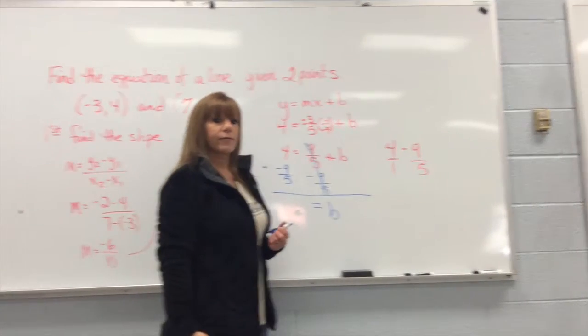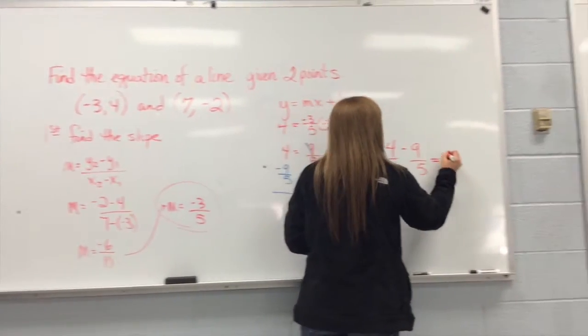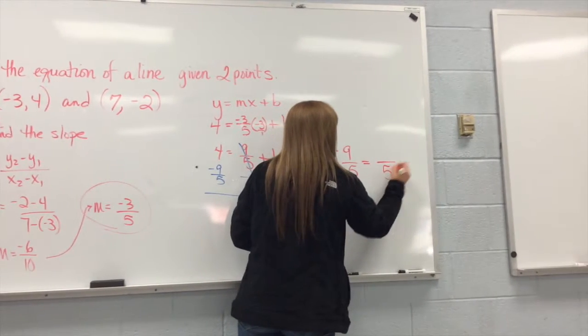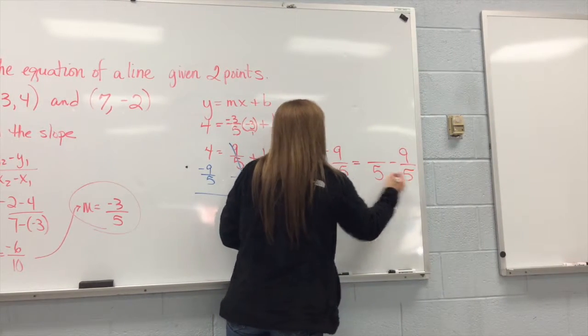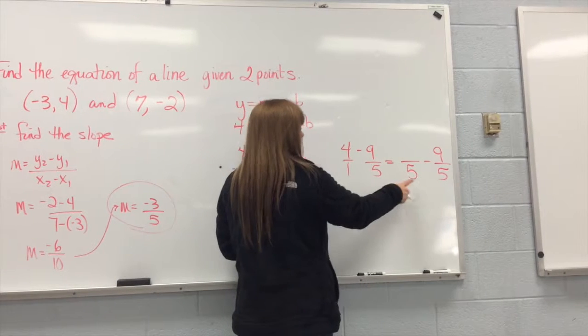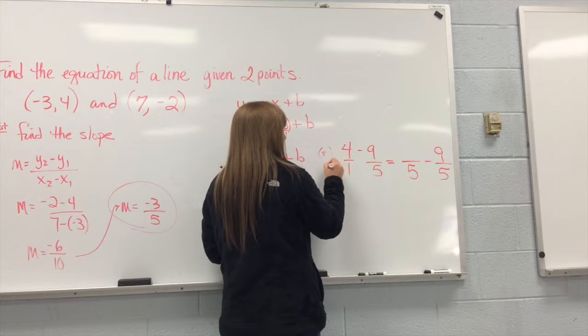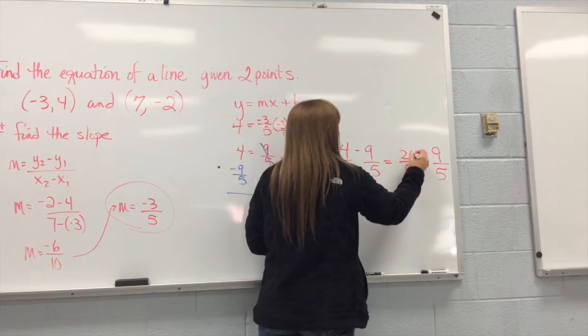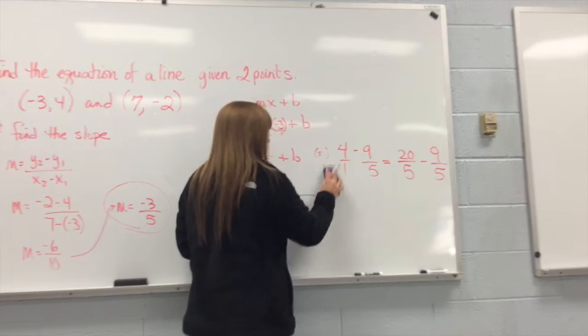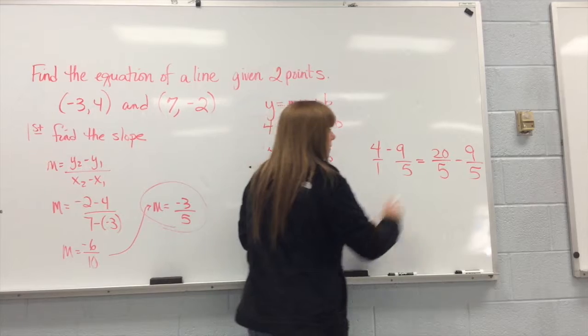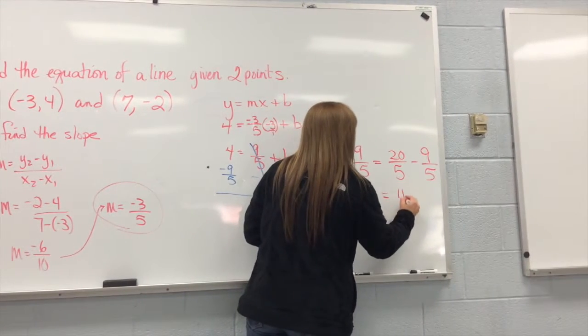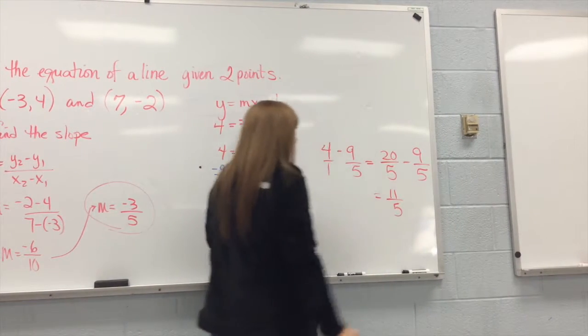If I'm going to subtract fractions, I need a common denominator. So 4 over 1, if I need a 5 on the bottom, I'm going to multiply the top and bottom of this by 5. That gives me 20 over 5. 20 minus 9 is 11. So I get 11/5.